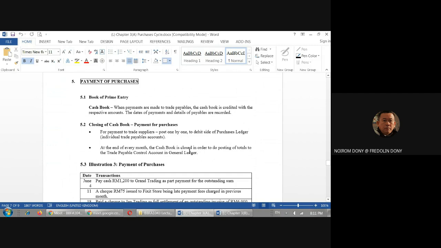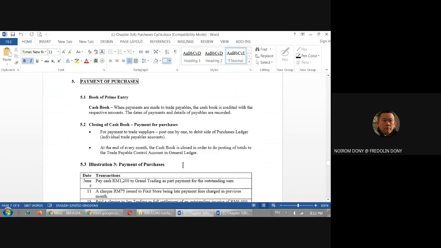But since the cash book is considered part of the general ledger, you don't have to reopen the cash account and bank account. The amount that we recorded in the cash column and the bank column is regarded as part of the general ledger, meaning we already credited. So now we only do a debit entry in the trade payable control account in the general ledger, and we record the total amount and the date at the end of the month.